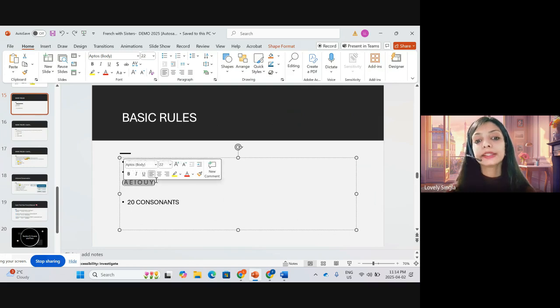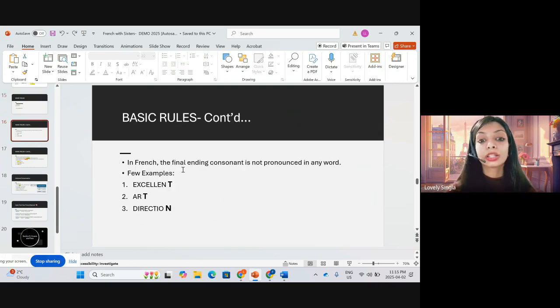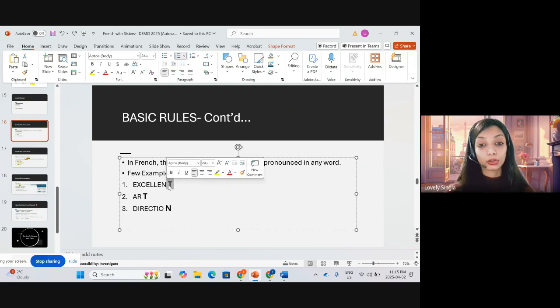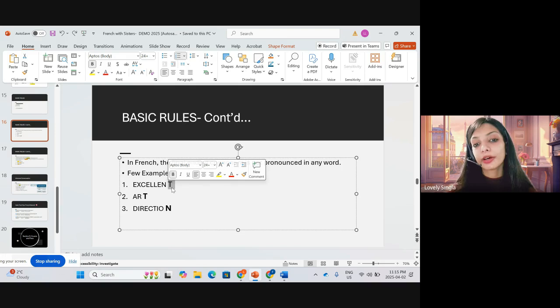Any consonant at the end of a word is not going to be pronounced. You will keep it silent. For example, here, T is what? A vowel? No, it's a consonant, so we make it silent. The word is ending in T, and T is a consonant, so we are going to make it silent.